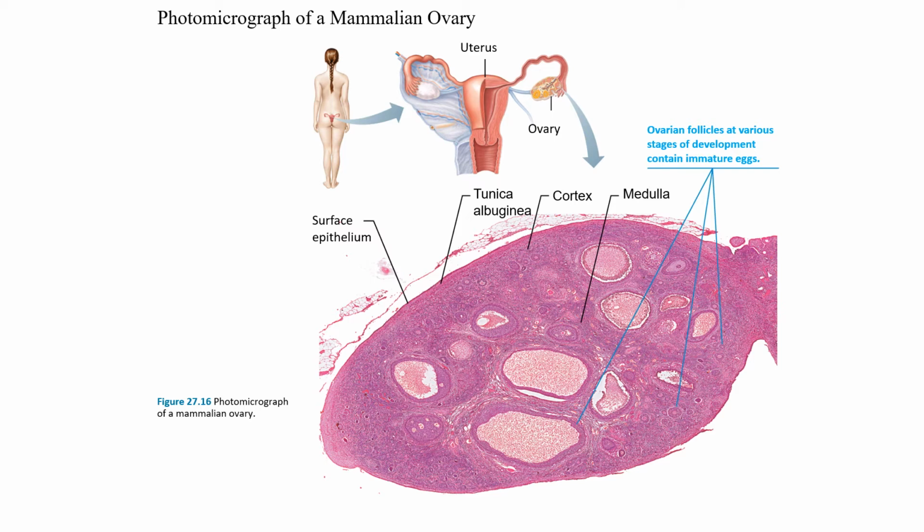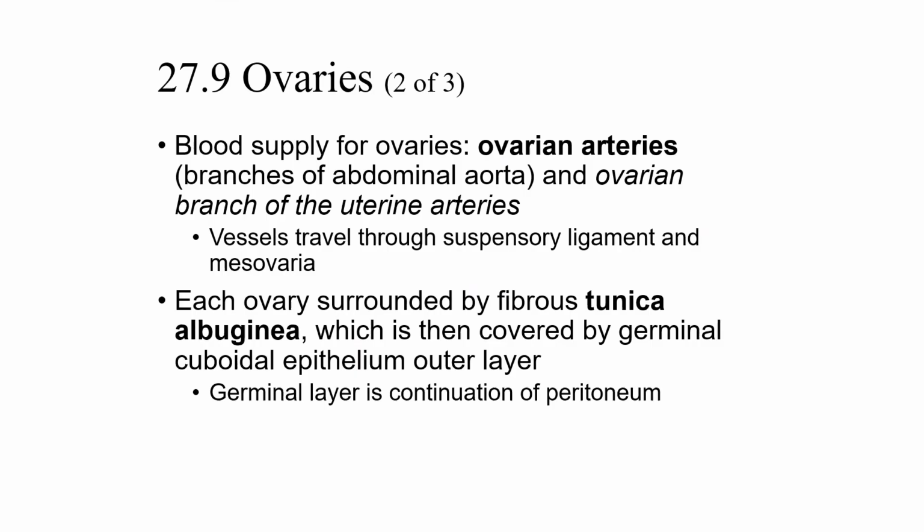We'll spend a lot more time talking about that when we get into lecture 5. Blood supply, ovarian arteries, ovarian veins. There you go.